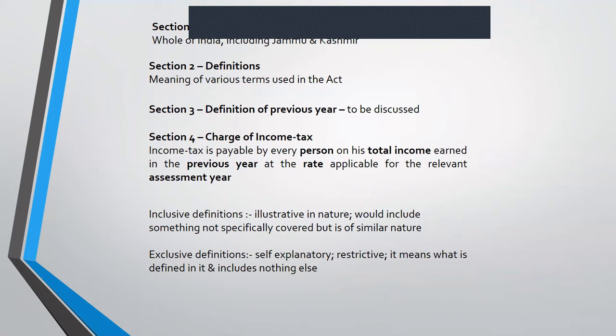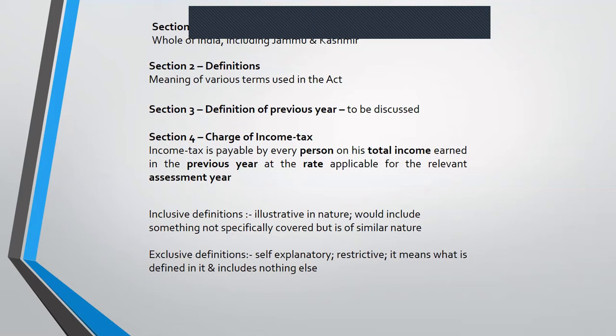Now, there are two types of definitions in the Income Tax Act, inclusive and exclusive. Let's understand these two types so that it would help us understand the definitions as well. Inclusive definitions always start with the word includes, which means that whatever is written under that definition is obviously covered in the definition.